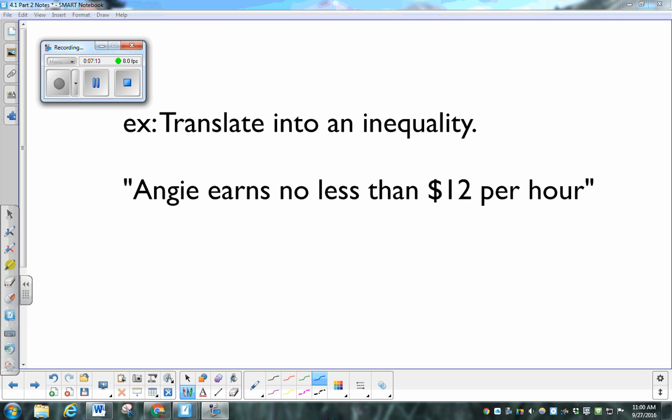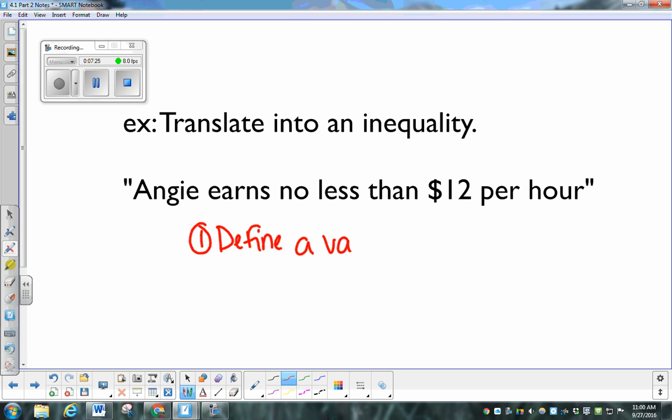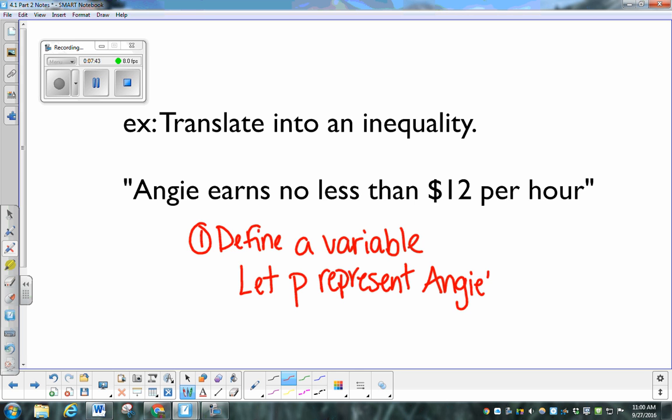The first thing I want you to do when we're writing an expression into an inequality is to define a variable for me. Okay, that's your first step. You need to define a variable. That means pick a letter that you're going to use and tell me what it represents. So in my case, and here's how you're going to phrase it, I'm going to use the letter P. I'm going to say let P represent Angie's hourly pay.